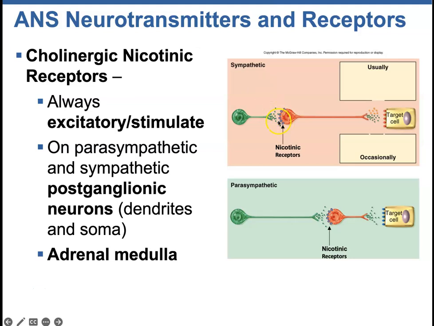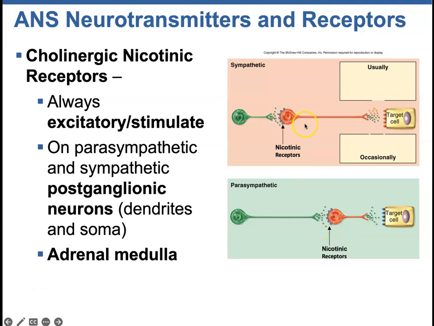So in the middle, in both your sympathetic and your parasympathetic function, where the two meet up with the postganglionic neuron, acetylcholine is always secreted, and the receptors here in the middle are always nicotinic receptors. So what that means is you will always have stimulation of the postganglionic neuron in the sympathetic junction right here and in the parasympathetic, because these receptors are nicotinic.